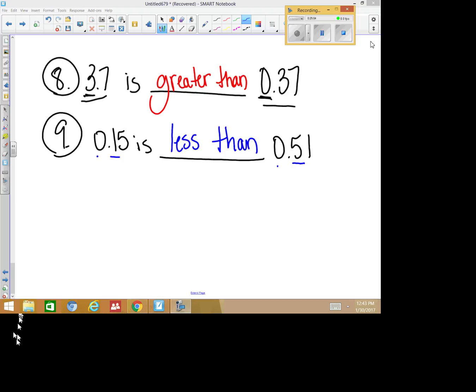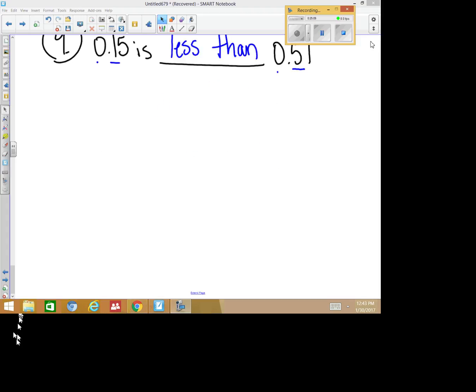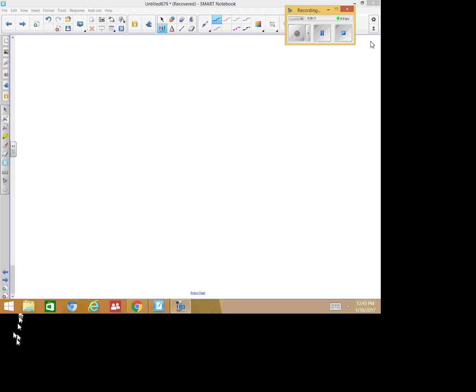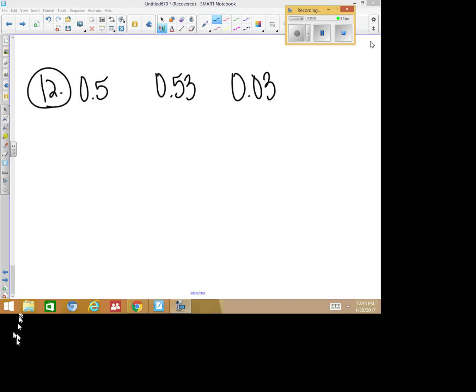Okay, guys. Number 12. What did I say? Number 11. Let's skip. Look at number 12. We have this number. Do not rush. We have this number. And then we have this number. The directions say circle the greatest one, underline the least. Which one do you think is the biggest? Raise your hand when you know.